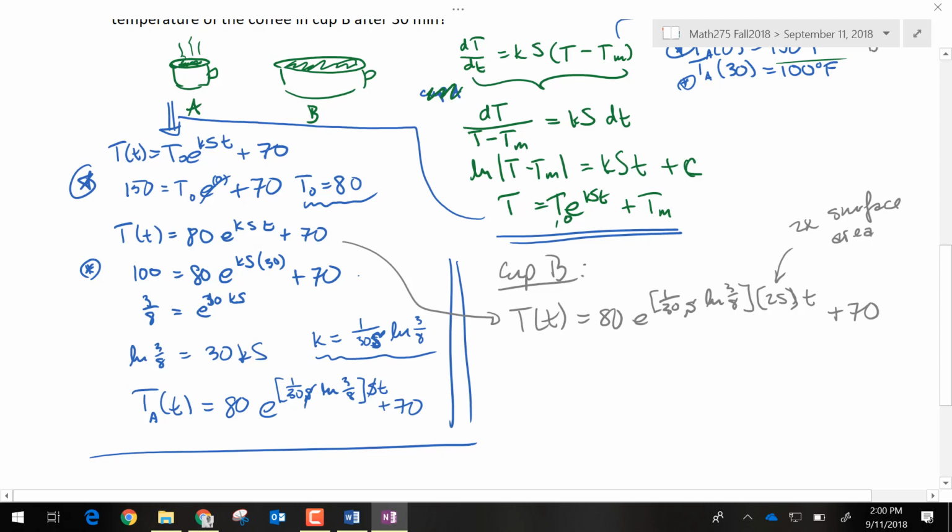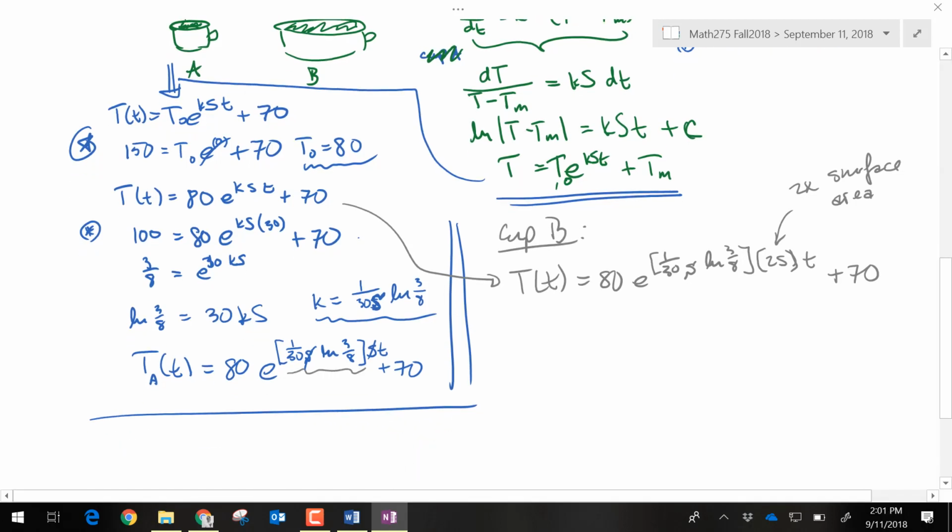Well, the S that we solved for here came from cup A. And so we're using that information to help us figure out what happens in cup B. And so this is the cup A business that we were able to solve for. And then the difference between that and this cup is that this is twice S. If you imagine putting 2S here, then the 2S's cancel and they'll be the same answer.